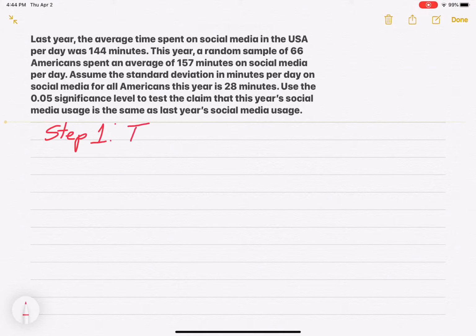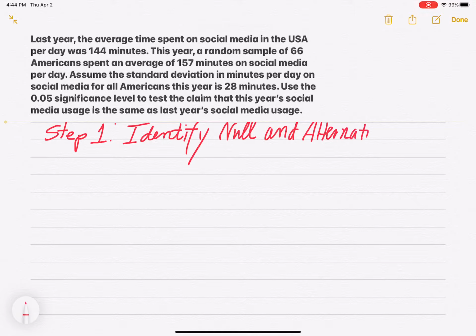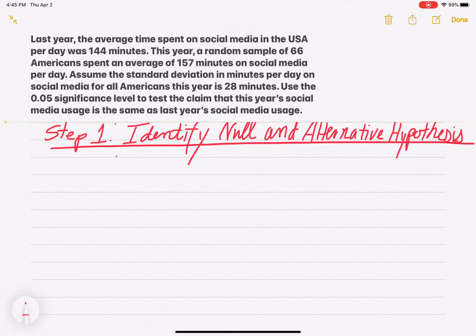We want to identify the null and alternative hypothesis. Okay, so we're going to write H0, that's the null, with the colon, and then H1, that's the alternative, with the colon.